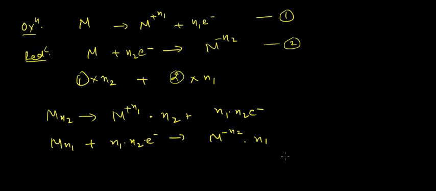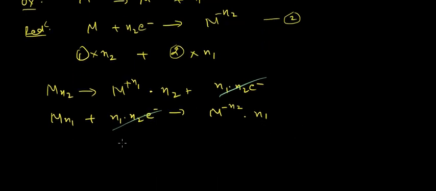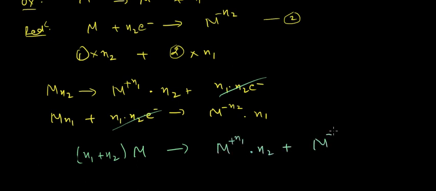If we add up these two reactions, first let's cancel N1 N2 electrons from both sides. Then we get N1 plus N2 times M on the left, and on the right hand side M plus N1 multiplied with N2 plus M minus N2 times N1.